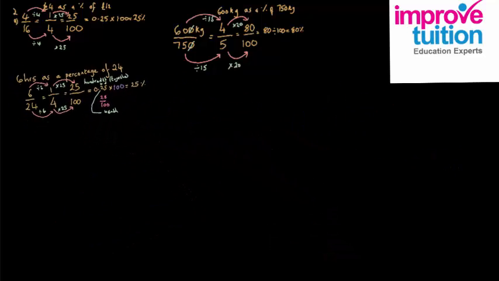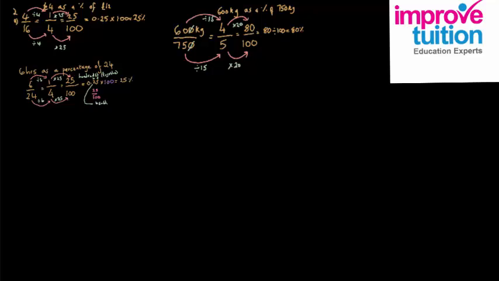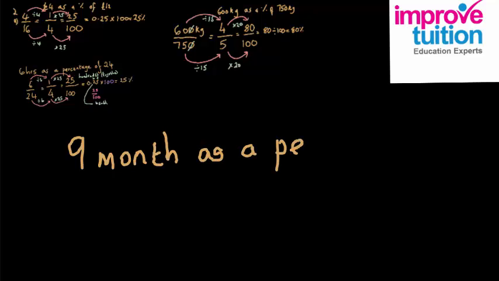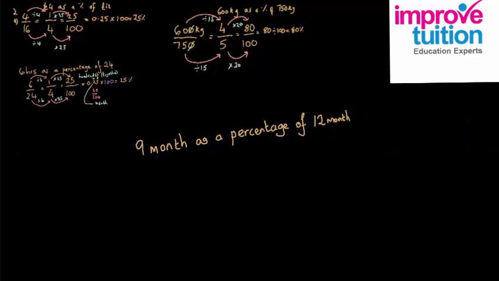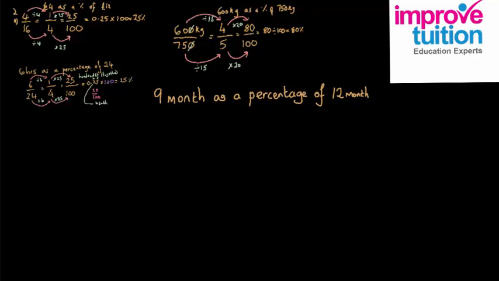Okay, let's look at another question. If we have 9 months, and we want to express it as a percentage of 12, that's 12 months. So 9 months as a percentage of 12 months.